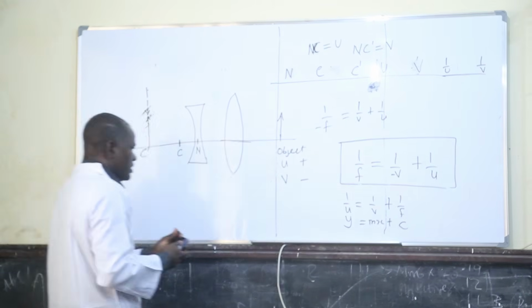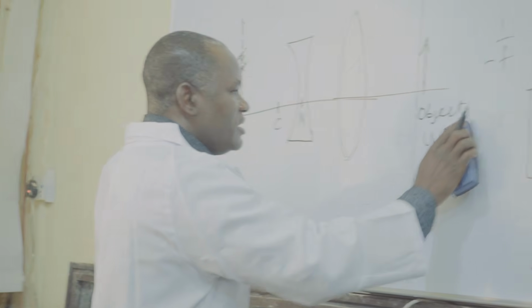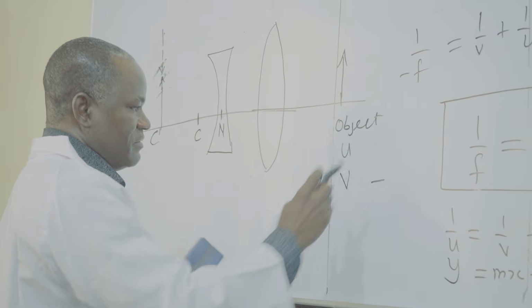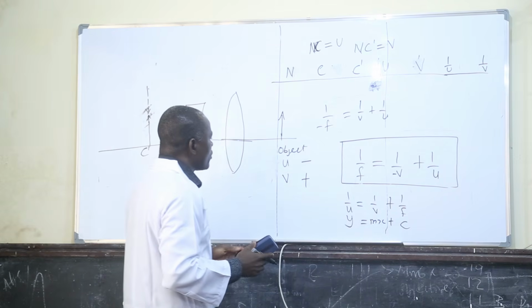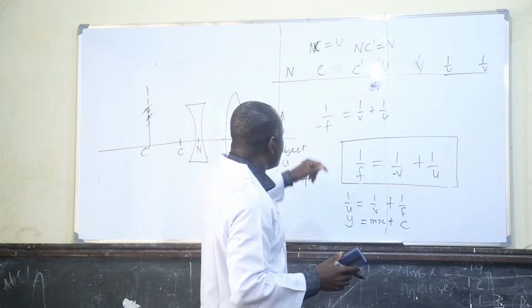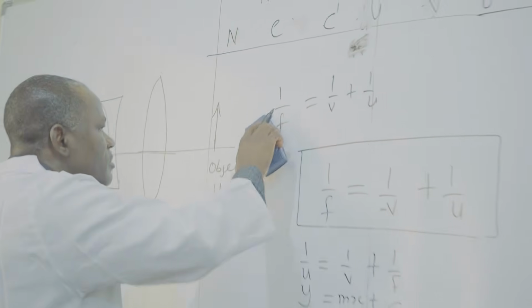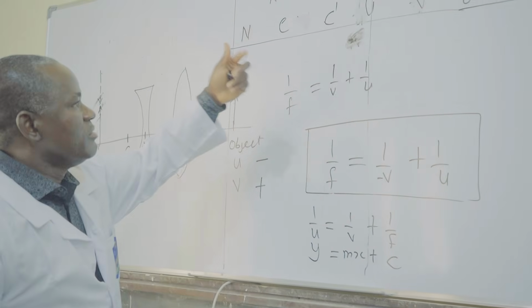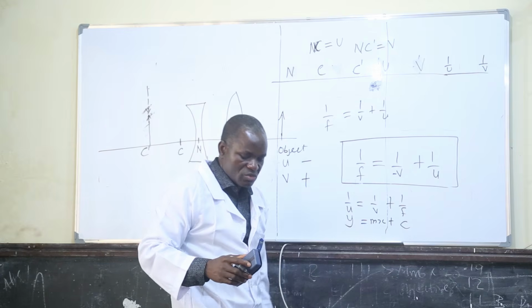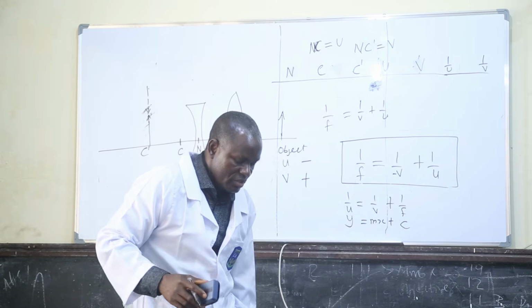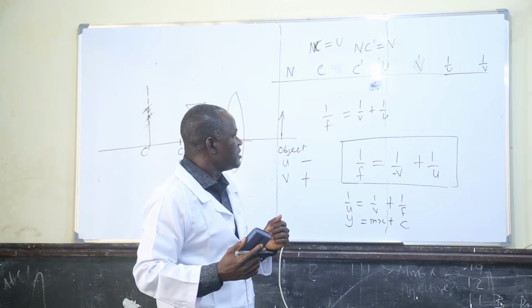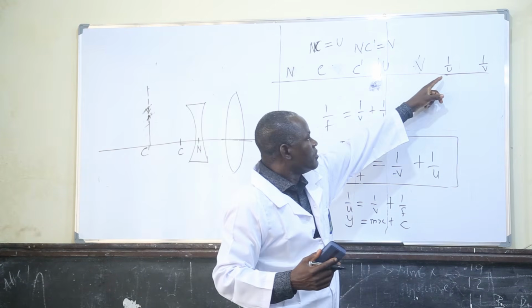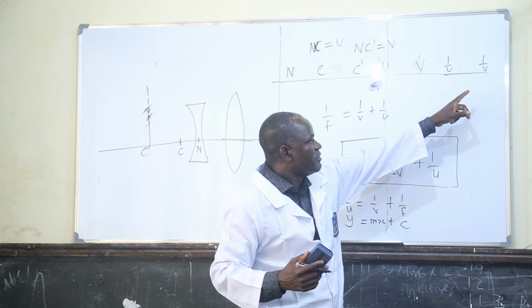But for this experiment, object distance is negative, image distance is positive. And then we come back to this formula that we know. After we have done the calculation, determining the object distance and the image distance, we have calculated 1/V and then 1/U.